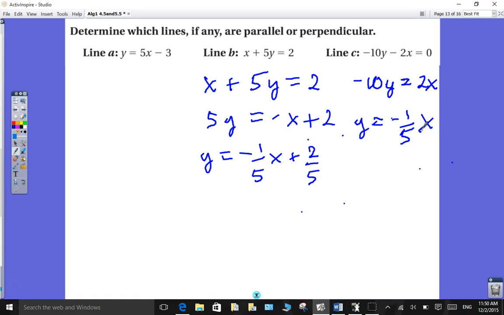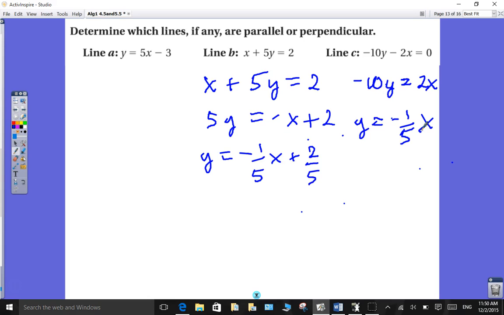What's the opposite of negative 1/5? Positive 1/5. Flip, you get 5. 5 and negative 1/5 are opposite sign, flipped fractions. So you could say either A and B are perpendicular or A and C are perpendicular, because these both have negative 1/5.